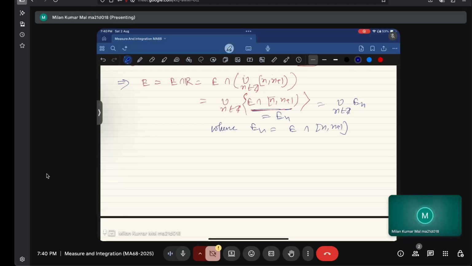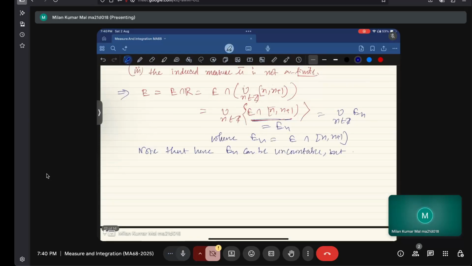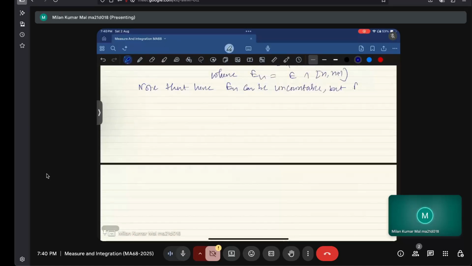Note that here En can be infinite, En can be uncountable, but E is said to have an infinite condensation point if E has uncountably many points outside every finite interval, while En does not have an infinite condensation point.